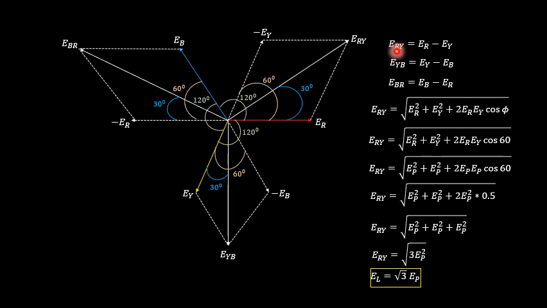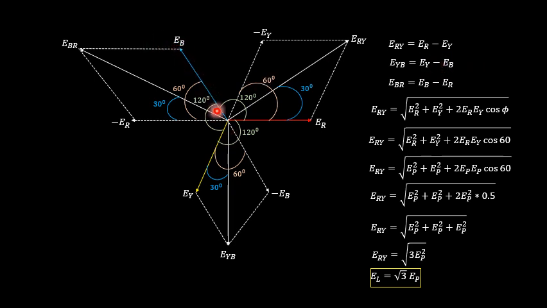Next is EYB is equal to EY minus EB. EYB is a line voltage in between the line Y as well as B, whereas EY as well as EB are the phase voltages of Y as well as B. So EY is positive over here and EB is negative. EY we have already represented in terms of a yellow color line, and I want minus EB. EB is already represented.